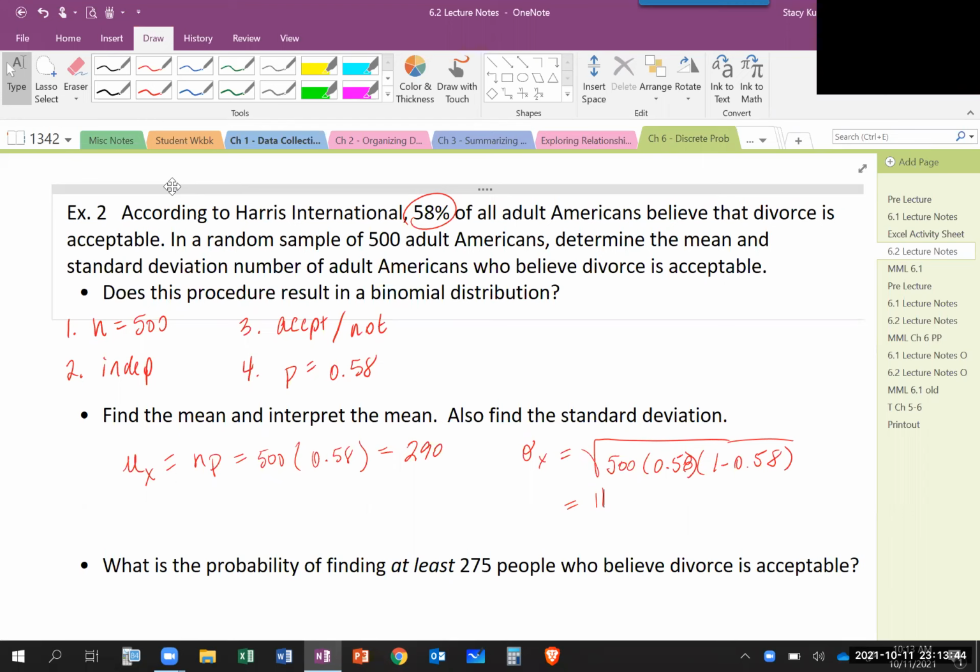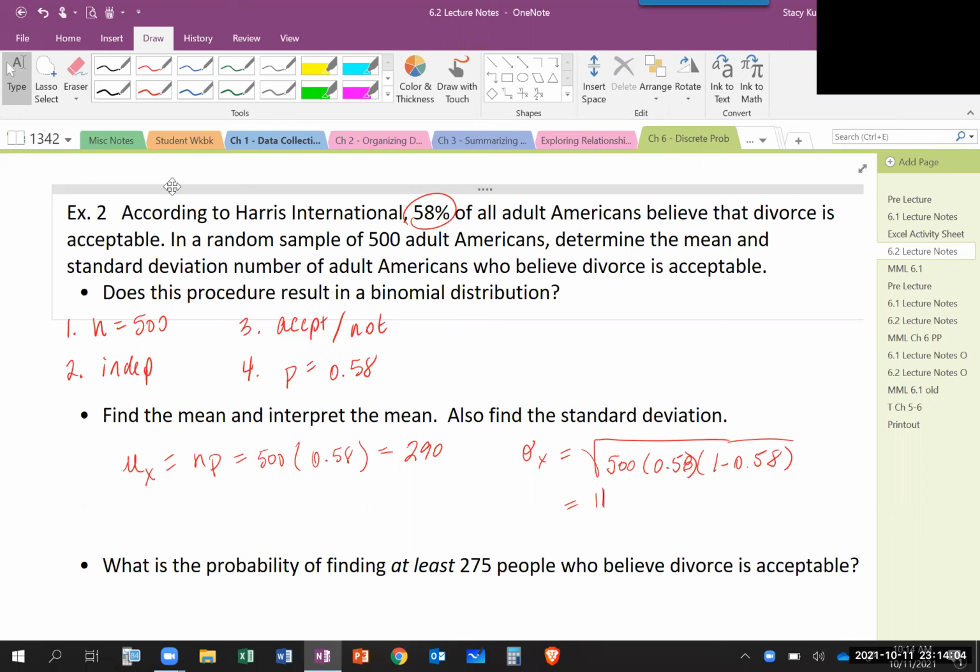Okay? We are taking the claim that says 58% of Americans believe that. So assuming 58% of all Americans believe divorce is acceptable, right? You see how I just regurgitated the sentence there, but I put an "assuming" in front of it?